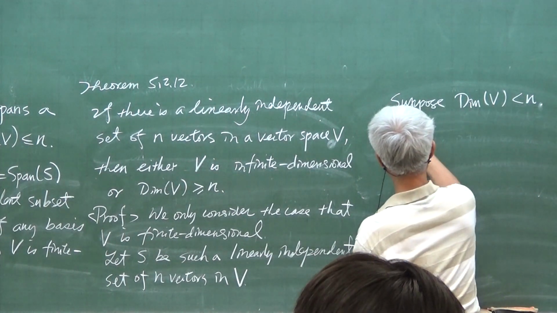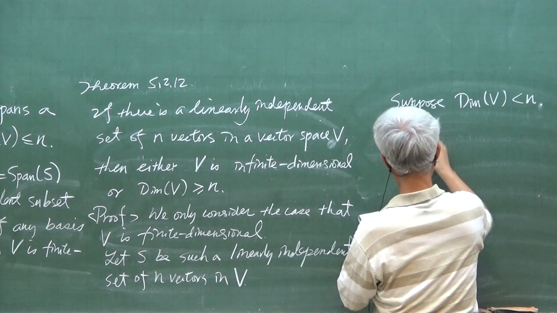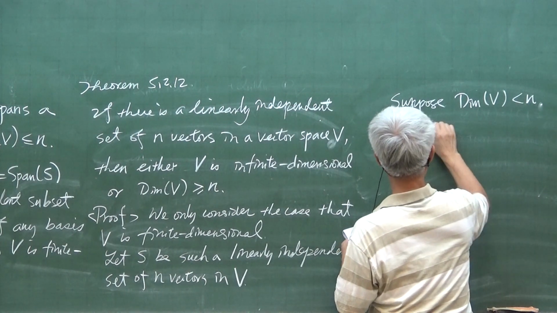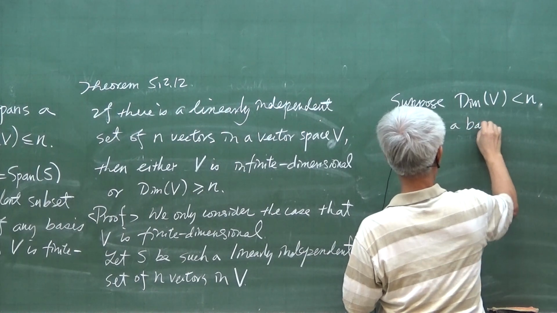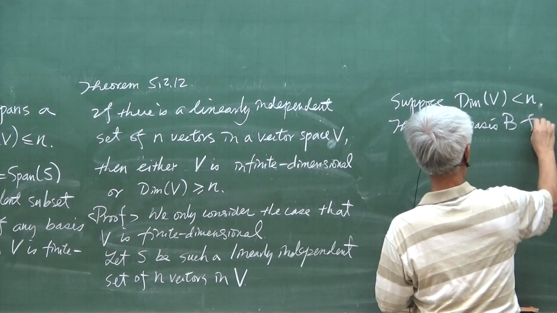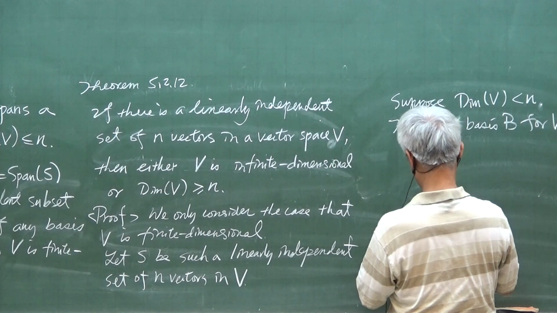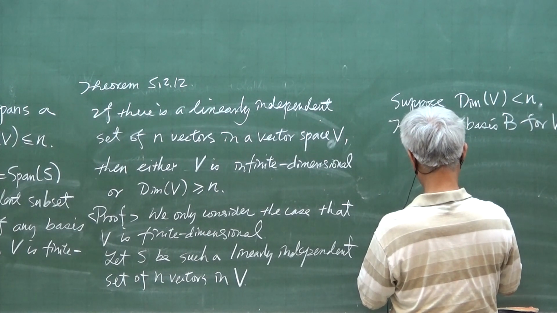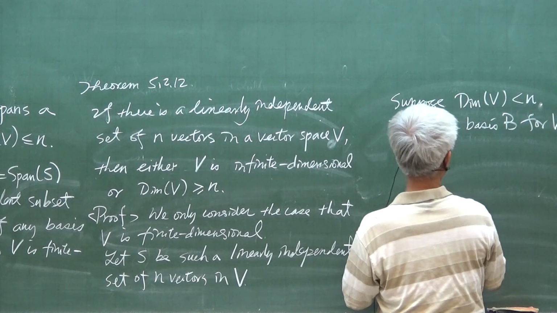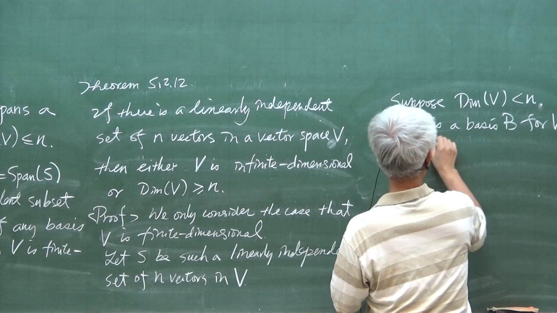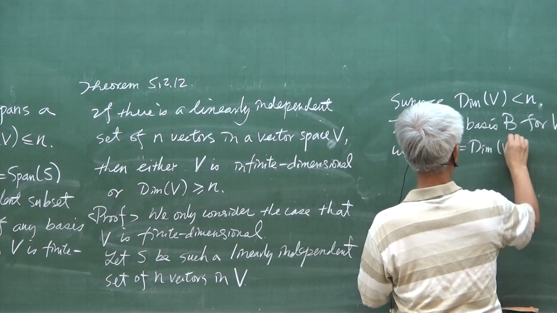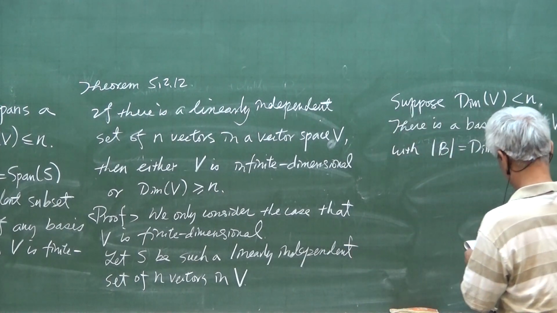Then there is a basis B for V with the size of B equal to the dimension of V, which is less than n.